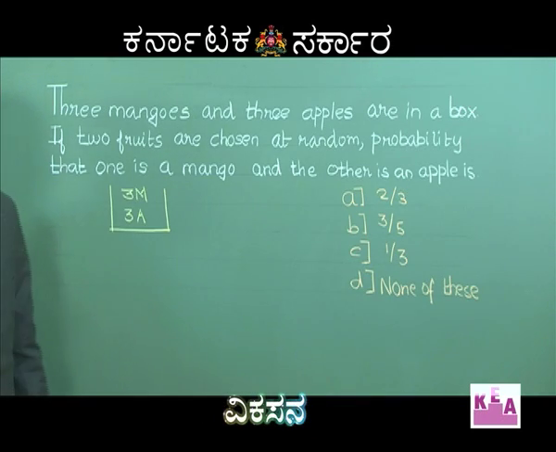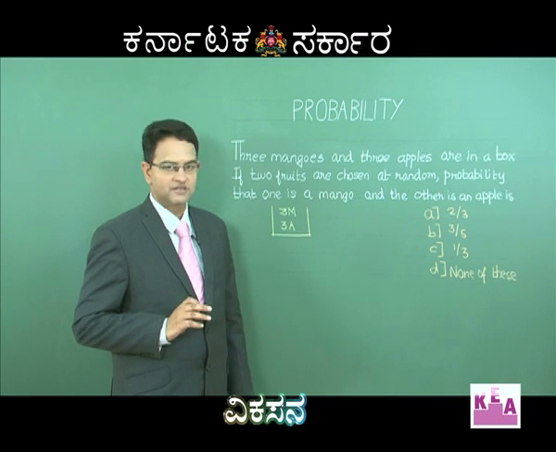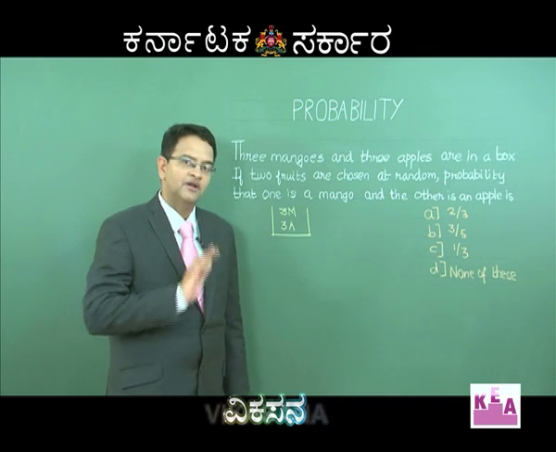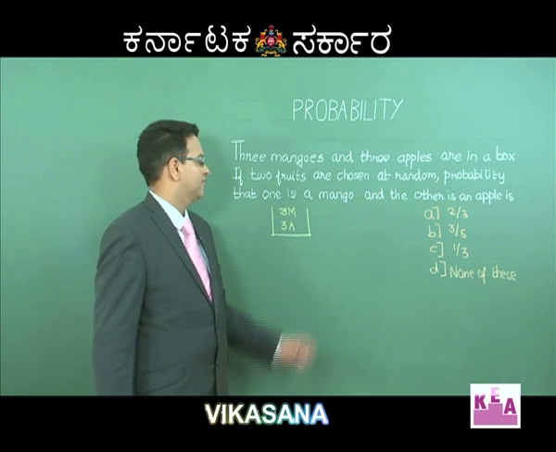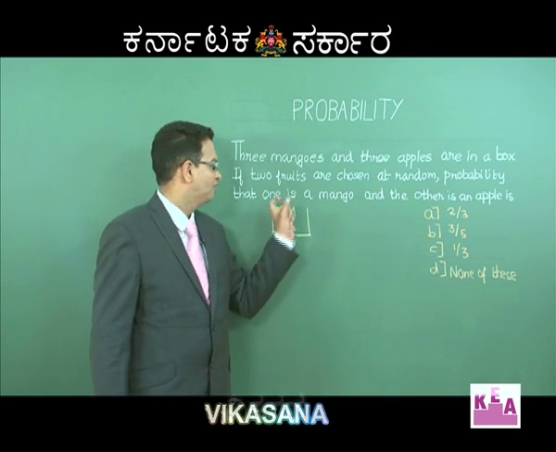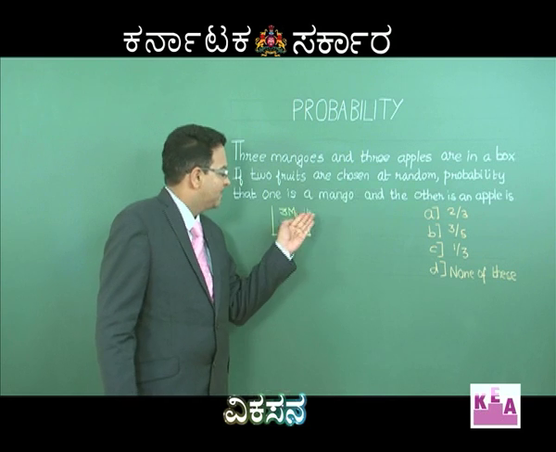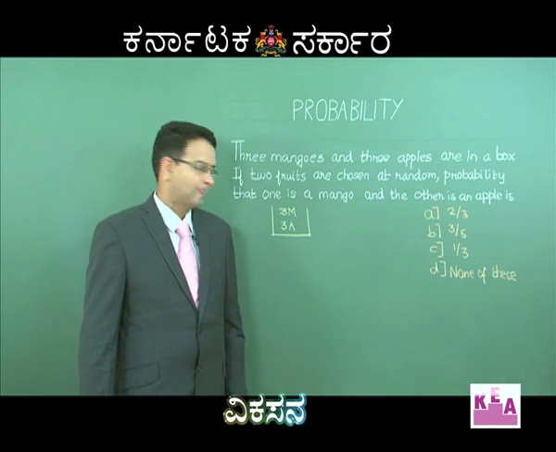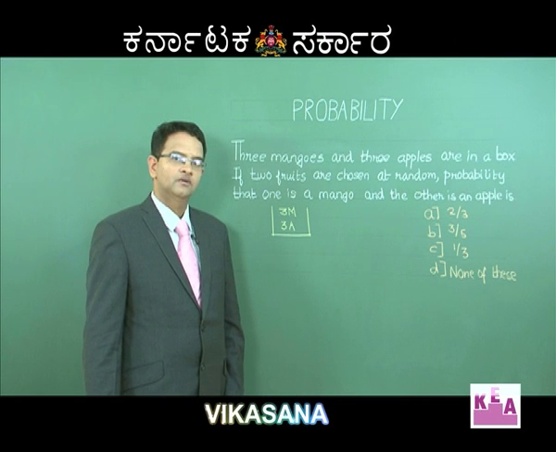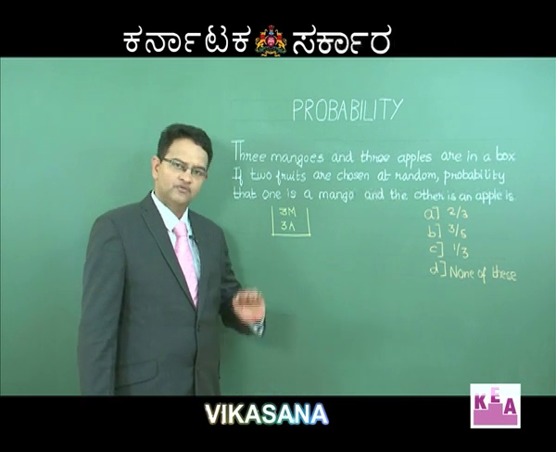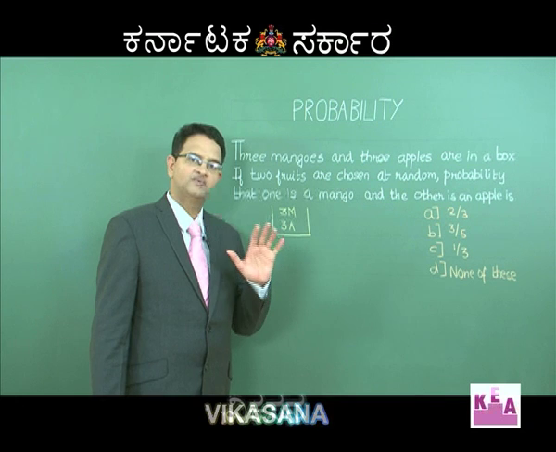Now here we have to be a little careful, students, in avoiding a particular common mistake. The common mistake is students take probability of finding or obtaining the first fruit as mango, which will be 3 divided by 6. Now we have taken one of the fruits, so the total number of fruits becomes 5.